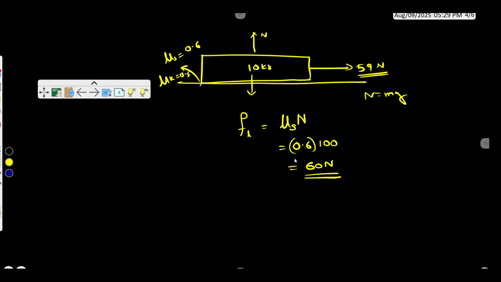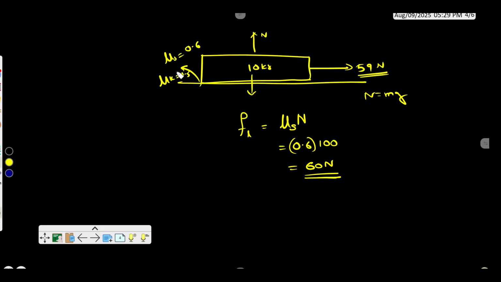The applied force of 59 is less than the limiting friction, so friction is not broken. If friction is not broken, the body doesn't move. If the body doesn't move, the friction is static friction. So static friction equals the applied force, which is 59 Newton. The static friction present in the body is 59 Newton.